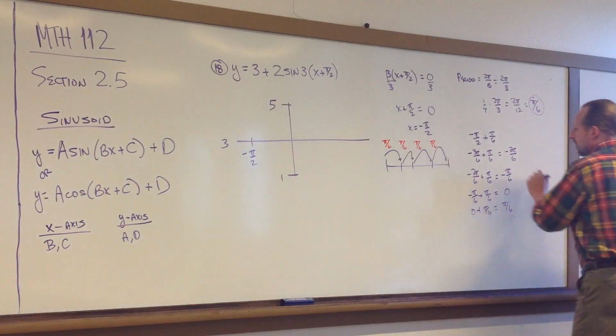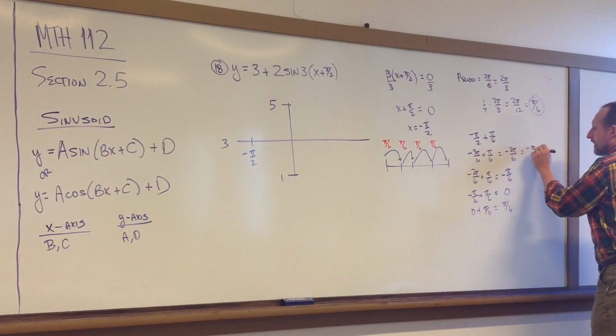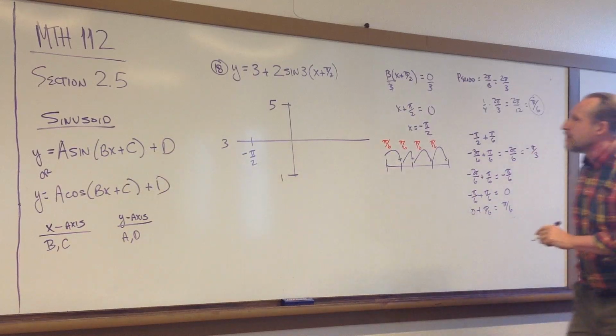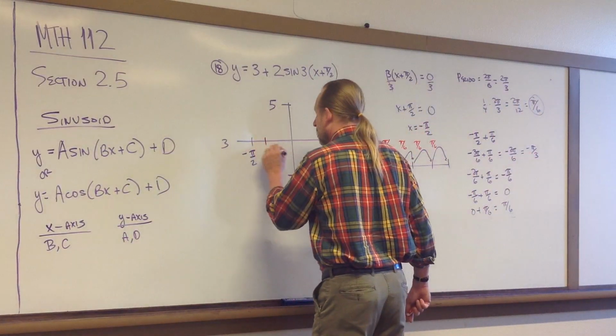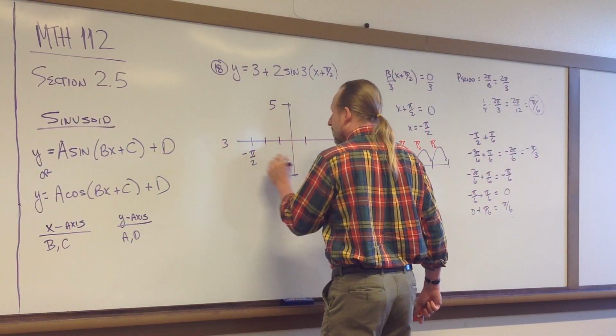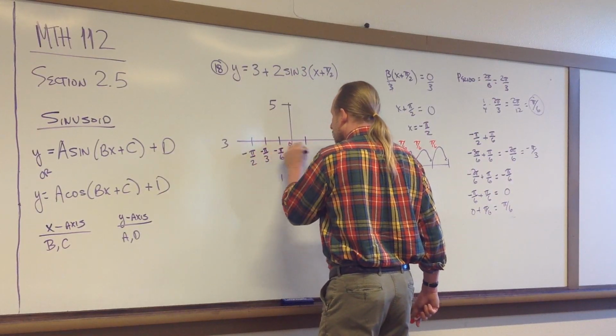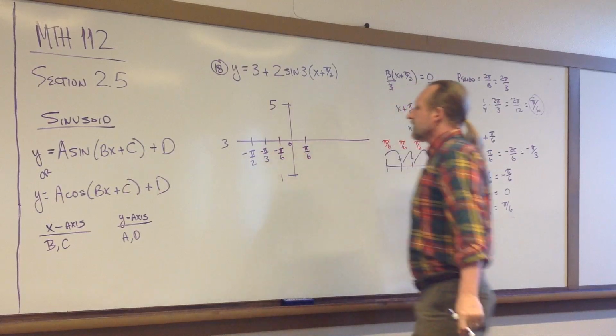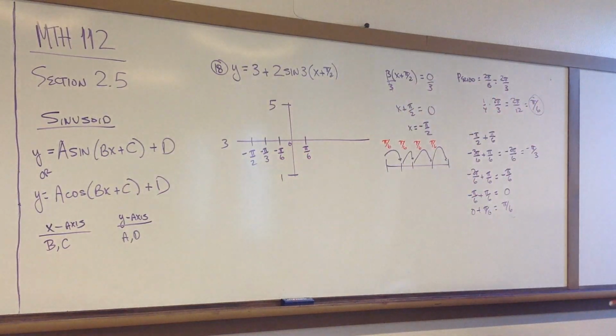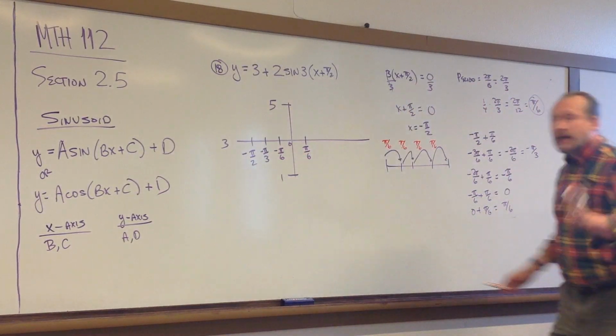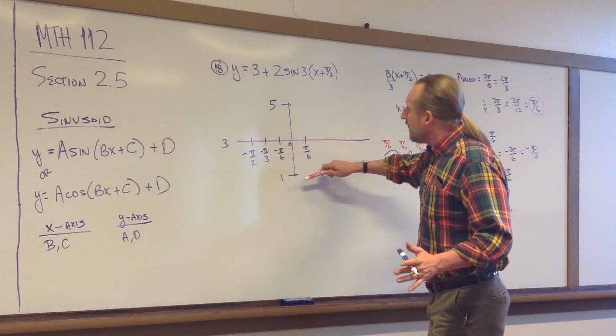All right, let's see here. So this one needs to be reduced. This is minus pi over 3. So minus pi over 3, minus pi over 6, 0, and positive pi over 6. All right, so we got the x-axis set up, we got the y-axis set up.